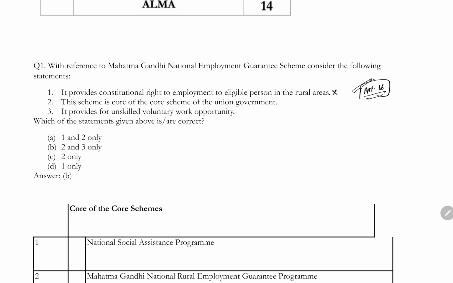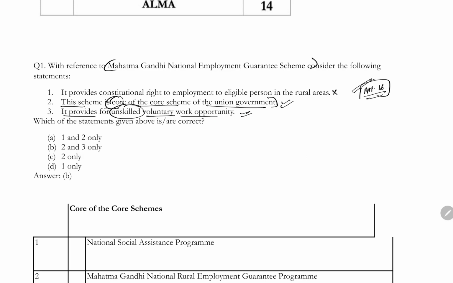The next statement is that this scheme is one of the core of the core schemes of the Union government. This statement is correct. The third is that it provides unskilled volunteer workers an opportunity.